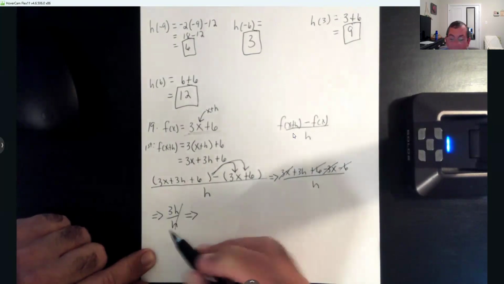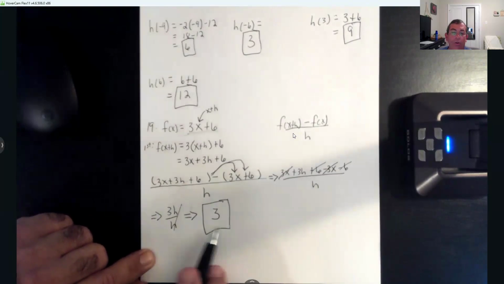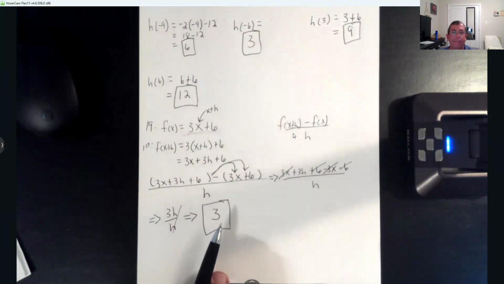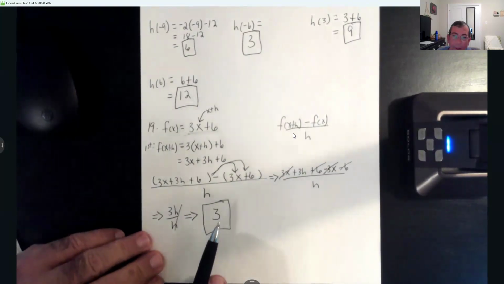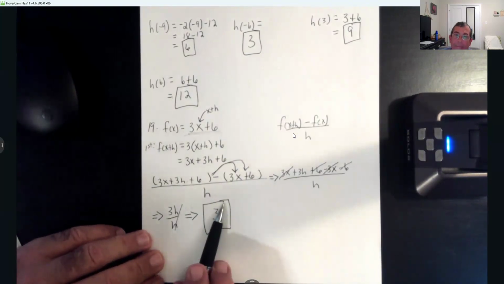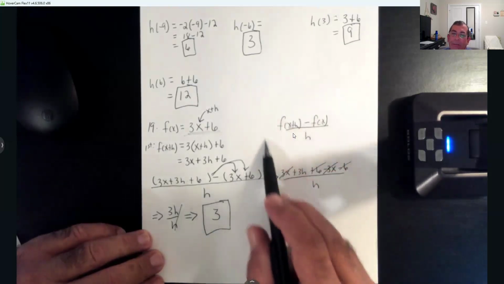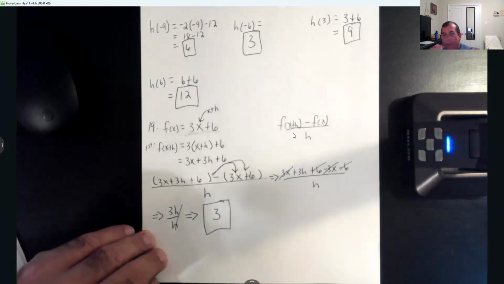Those h's cancel. And my final answer is 3. Okay, so 19, not bad. You ended up with a single number for the slope of that line. And that's basically what this is finding, is the slope, okay?